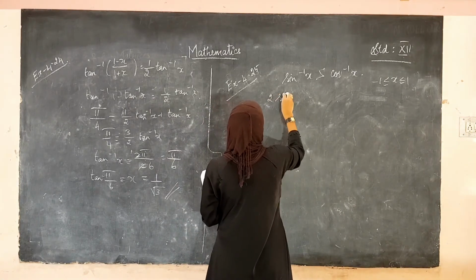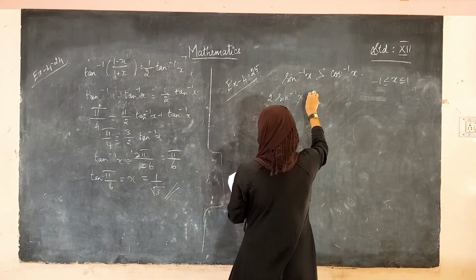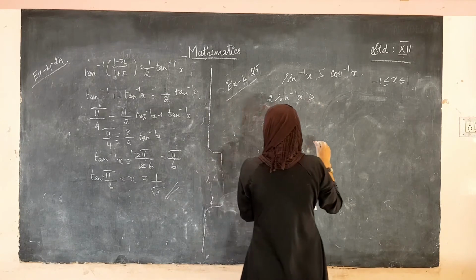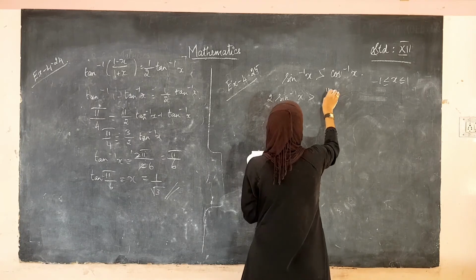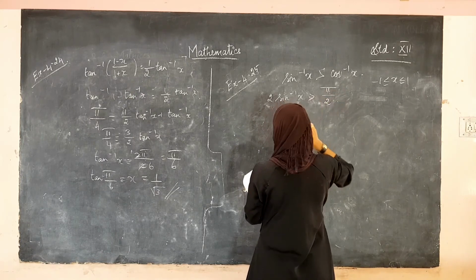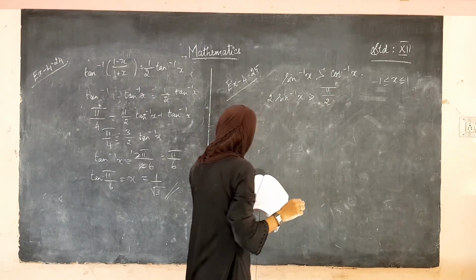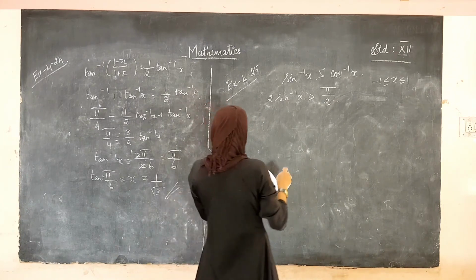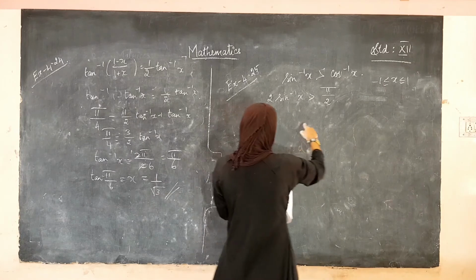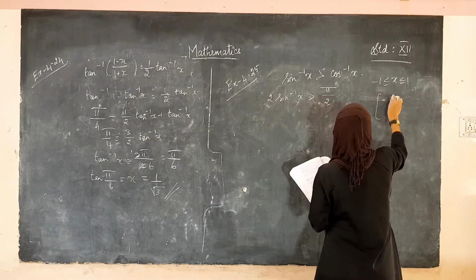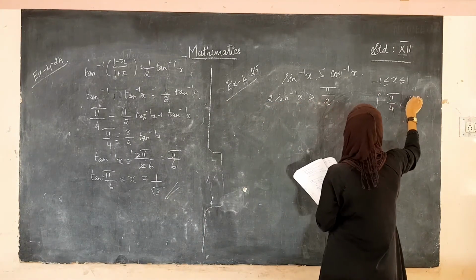This becomes 2 into sin inverse of x, which is greater than cos inverse of x plus sin inverse of x, which is pi divided by 2. See here, what we got is 2 into sin inverse of x is greater than pi divided by 2. Therefore, the range of the function is from minus pi by 2 to pi by 2, right?